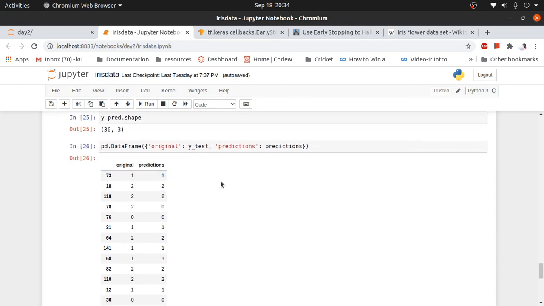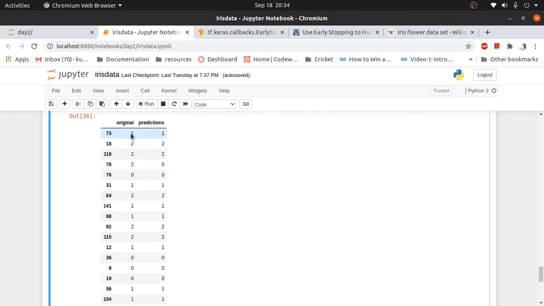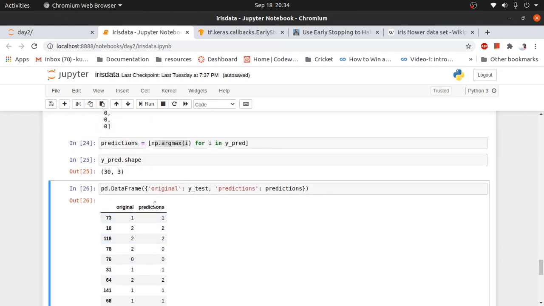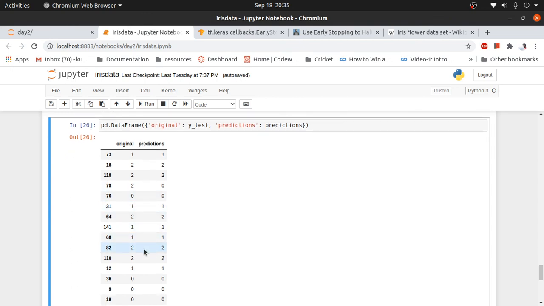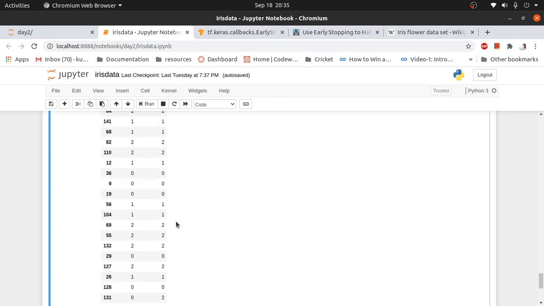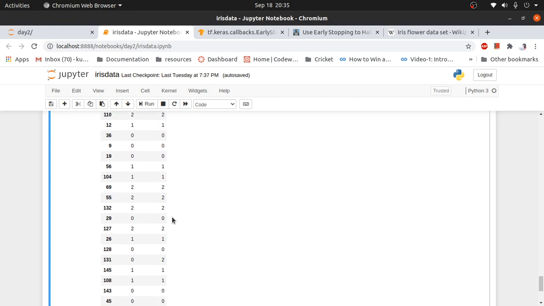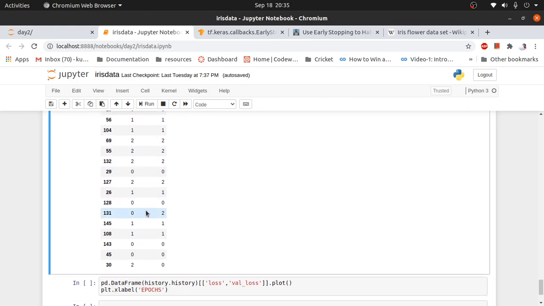I created this just to evaluate the performance and see the original y_test was this, and these are the predictions. So we can see here this one is incorrect, this is correct, this is correct. Almost all the samples are classified correctly.